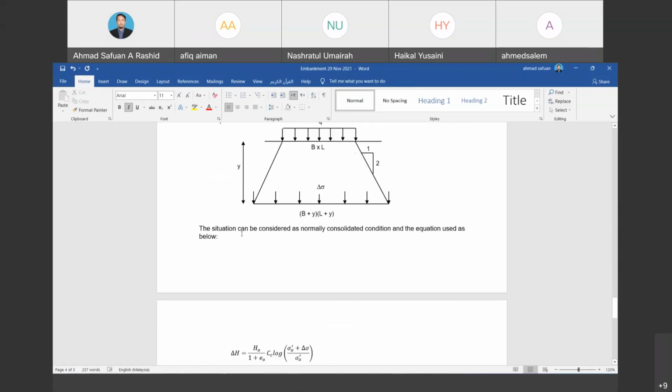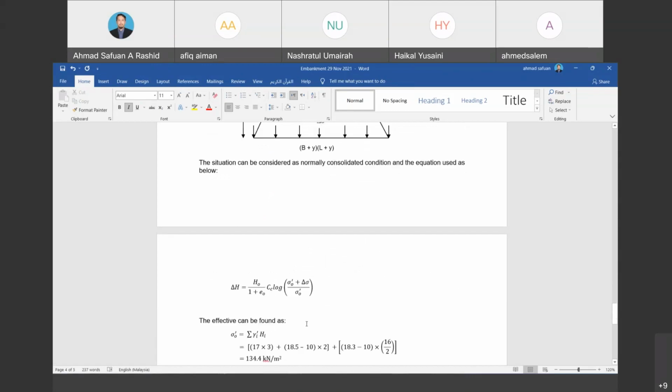The situation can be considered as a normally consolidated condition, and the equation used is as below. Then we continue to calculate the sigma naught, which is the effective stress.